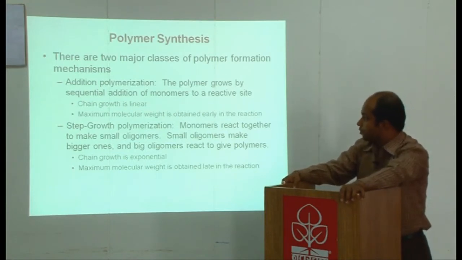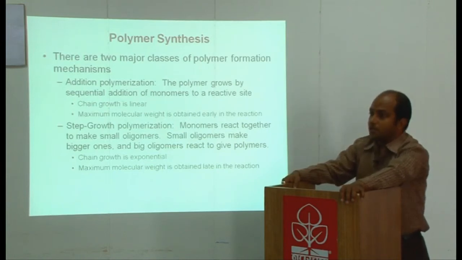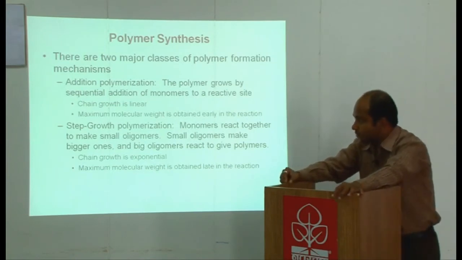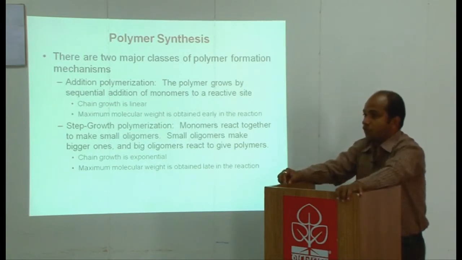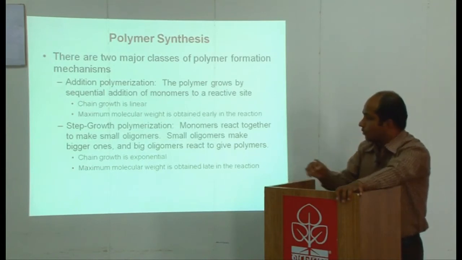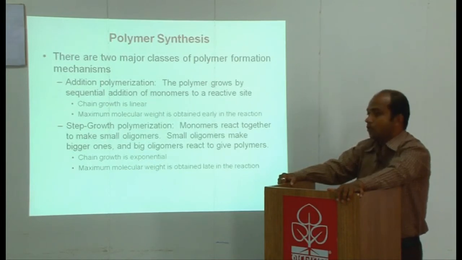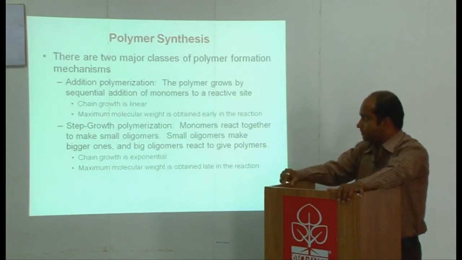Whereas in case of step growth polymerization, you have monomers, they react to form small oligomers. So obviously it is a stepwise process. You have to first of all form some small oligomers, low molecular weight compounds. These oligomers further combine or join together to form bigger molecules, and these bigger oligomers then react to form the ultimate polymer, which is high molecular weight.